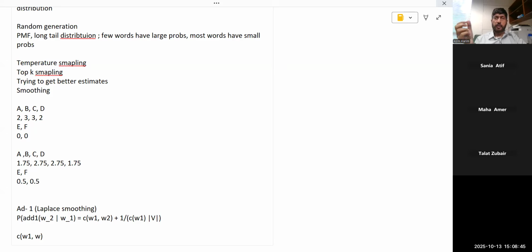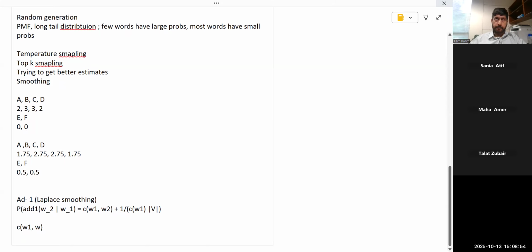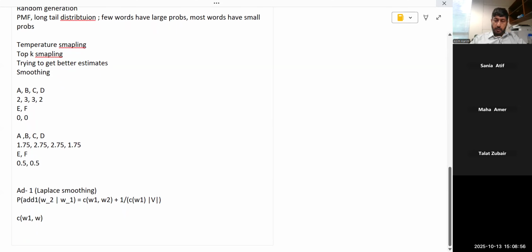काउंट कंपैरिजन से आपको पता चल जाएगा कितना प्रोबेबिलिटी मास हमने ऑब्जर्व्ड काउंट से अनऑब्जर्व्ड काउंट्स में मूव कर दिया. ठीक है. So let's say the count after applying Laplace smoothing is C star. इसका मतलब है कि C star divided by C W1, जो इसका यूनिग्राम काउंट था, this is the Laplace smooth probability, right?